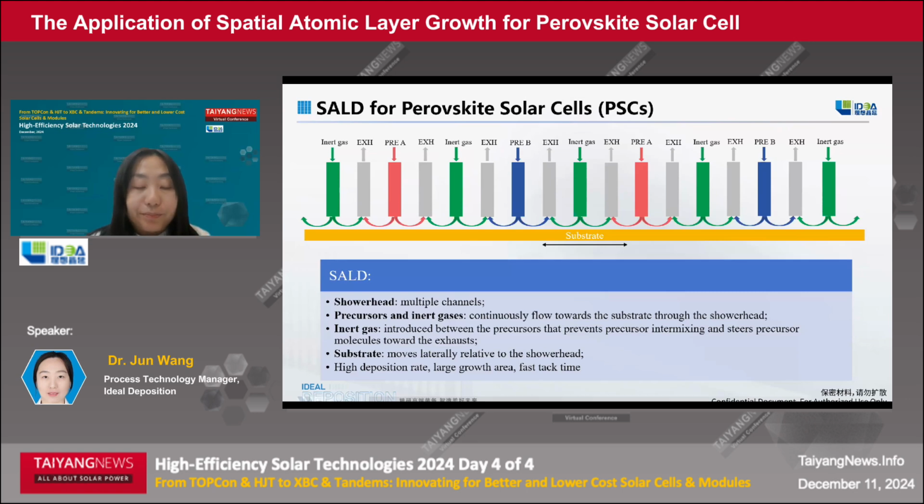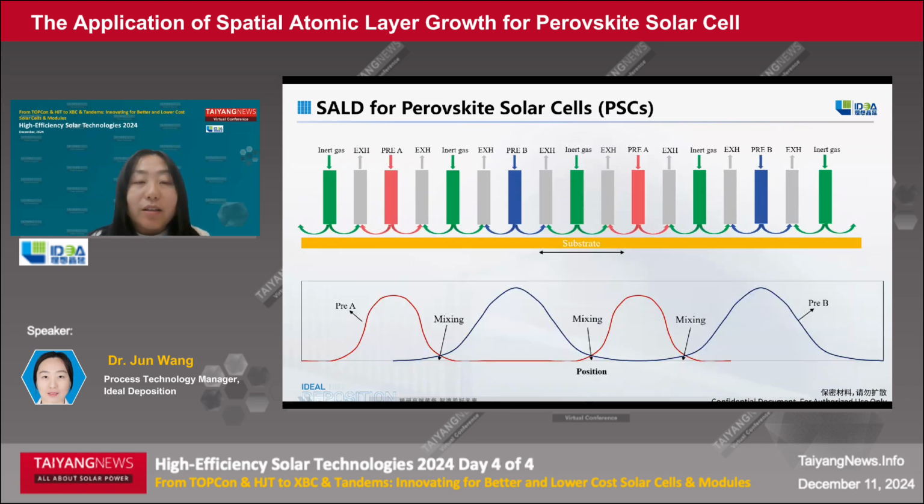towards the exhaust. The extent of precursor intermixing is of crucial importance when using SALD, as it affects the uniformity and the properties of the deposited films.